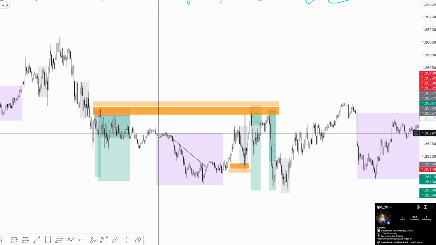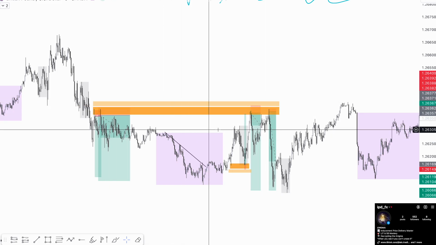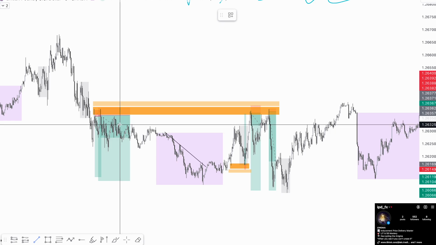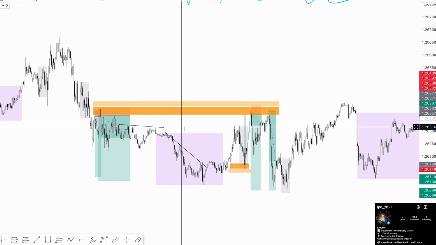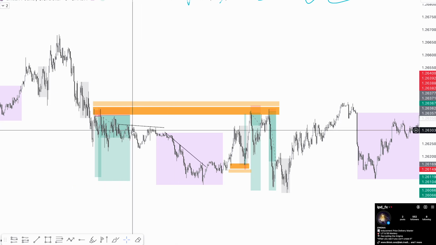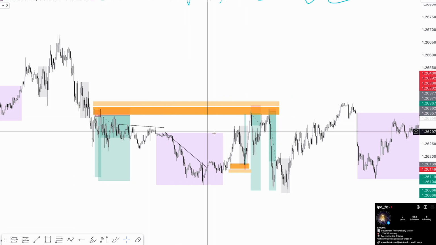Of course, this upper part has a lot of liquidity to be taken out, because as you can see you have another support or resistance, and here as well you have so many touches.